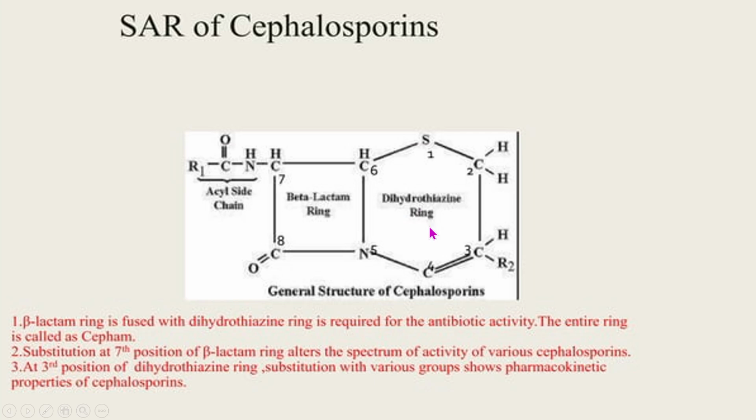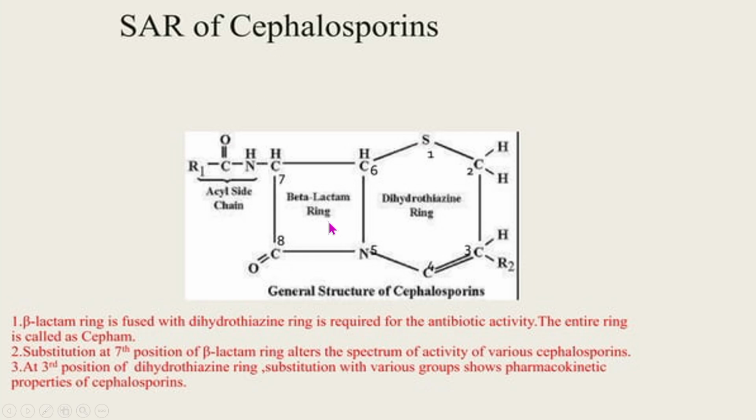This is the dihydrothiazine ring attached to the beta-lactam ring. The beta-lactam ring fused with the dihydrothiazine ring is required for antibiotic activity, and this entire structure, the 4-membered beta-lactam attached to the 6-membered dihydrothiazine ring, is denominated as a cepham. That means this whole overall structure is cepham.